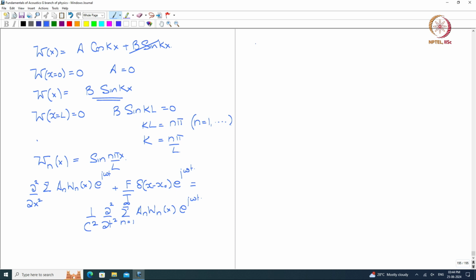Okay, so what we have is, let us see, summation n from 1 to infinity a n w n double dash, meaning double derivative with respect to x, e to the power j omega t. I will use the derivative before I cancel.